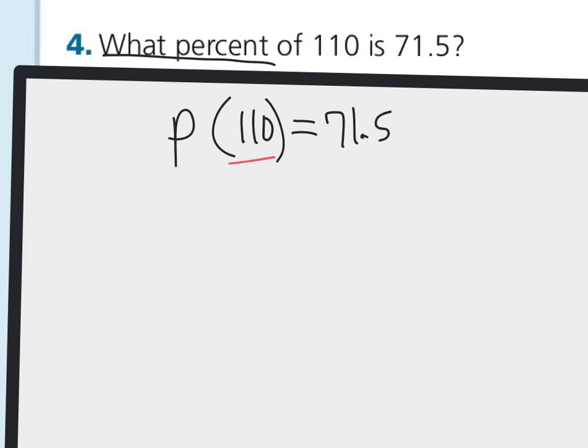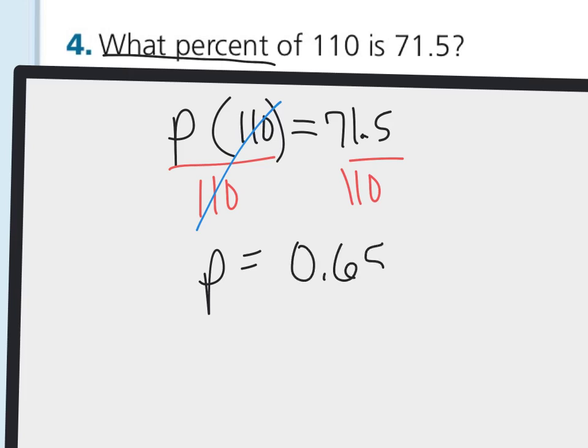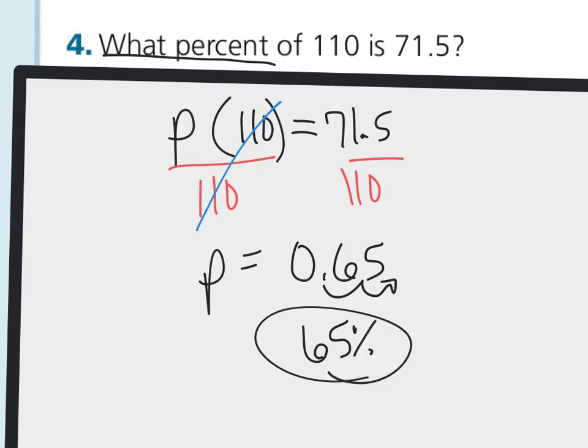And then they're multiplying, so we need to divide on both sides to get those to cancel. And when you divide that out, you get 6500ths, and that means 65%. So we're saying 65% of 110 is 71.5.